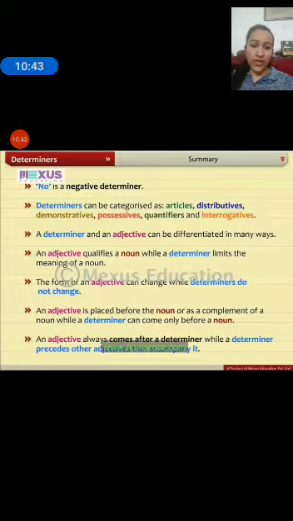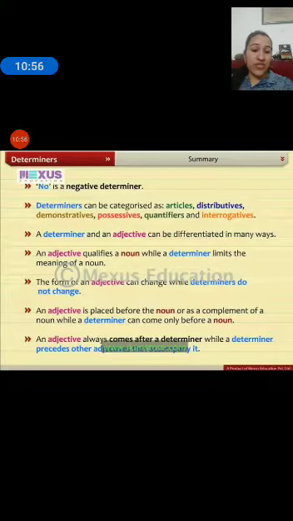First, before the noun. Second, before such an adjective that is defining the noun. Okay. An adjective always comes after a determiner, while a determiner precedes other adjectives. So a determiner will come before an adjective, never after an adjective, and the other way round. A determiner will come before an adjective, an adjective will follow a determiner.